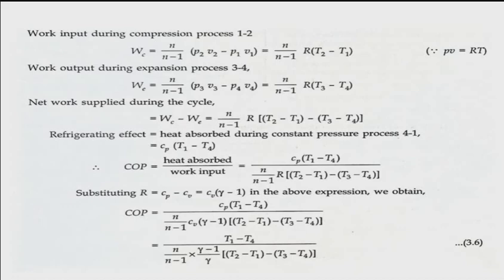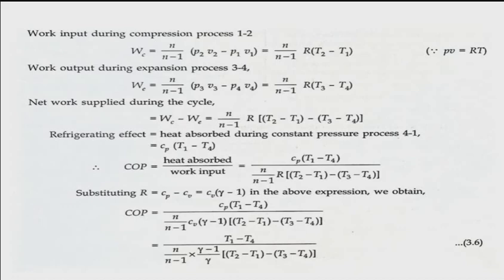In this cycle, the net work supplied is Wc minus We, which is equal to n divided by n minus 1 into R into T2 minus T1 minus T3 minus T4. The refrigerating effect is Cp into T1 minus T4, and the COP becomes Cp into T1 minus T4 divided by n minus 1 into R, that is T2 minus T1 minus T3 minus T4.